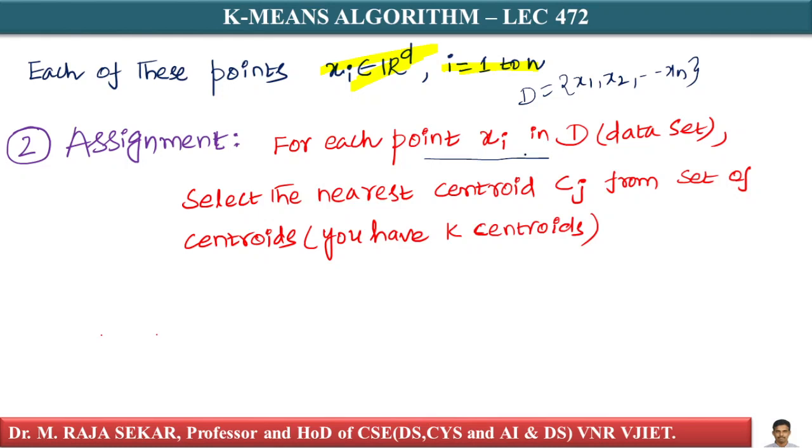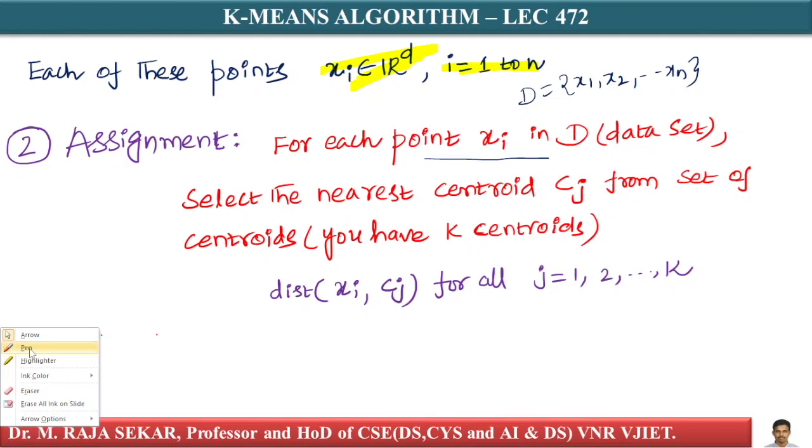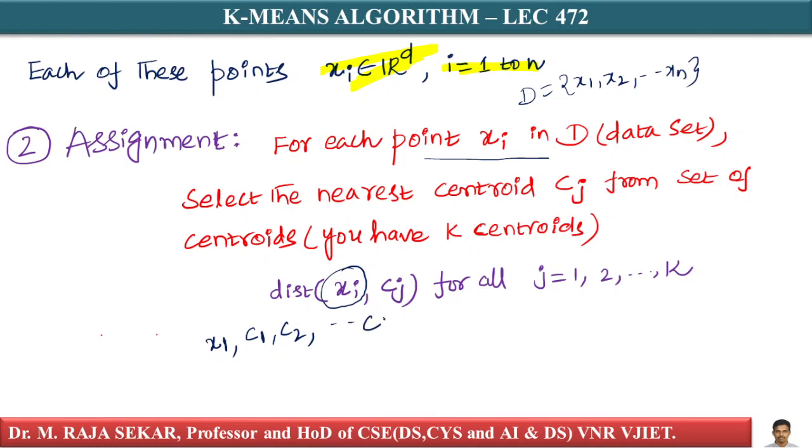For this, what would you do? You would compute the distance between xi and Cj for all j equal to 1 to k. I am checking for data point xi. For example, if I keep i equal to 1, I am checking the distance between x1 and Cj, where j equal to 1 means C1, j equal to 2 means C2, and so on, j equal to k means Ck.